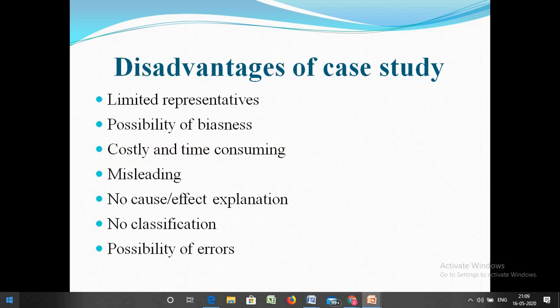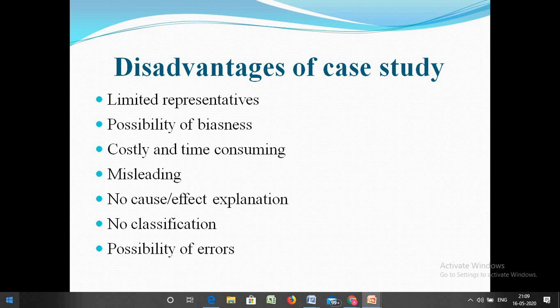A case study has many advantages, but it is not free from various weaknesses at the same time. The first disadvantage is limited representativeness. Due to a narrow focus, a case study has limited representativeness, and therefore generalization is not possible. At the same time, it is very difficult to find an appropriate case study that suits all subjects.